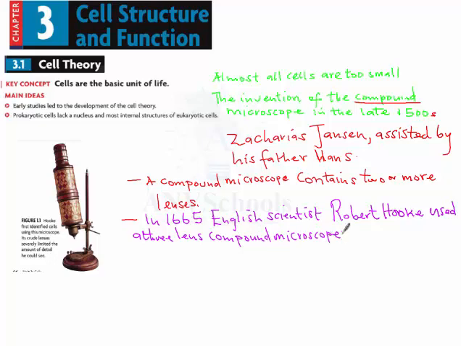In fact, the microscope he used is just in here. This is the compound microscope that Robert Hooke used to examine a thin slice of cork.